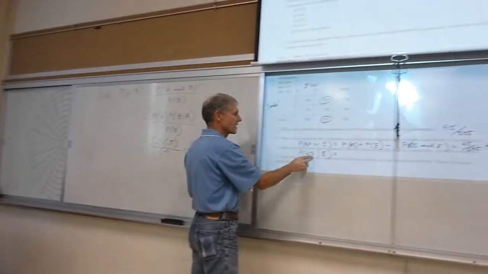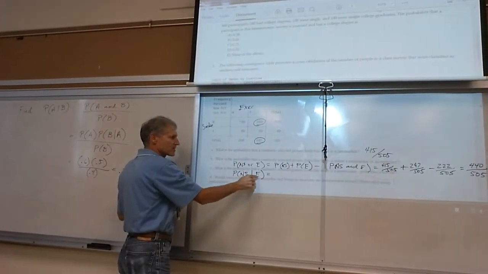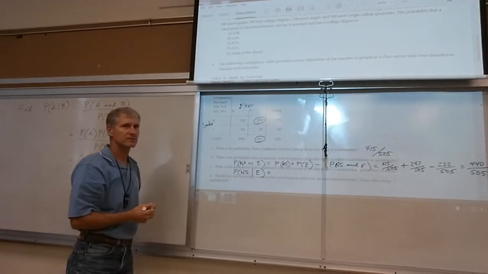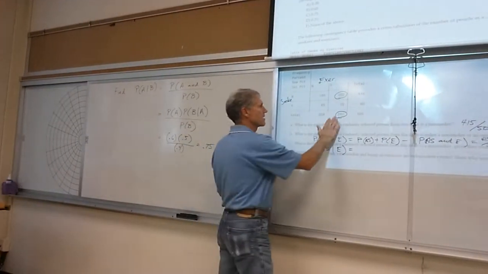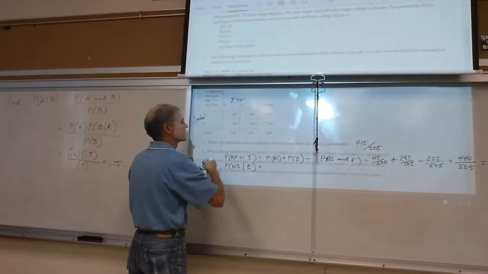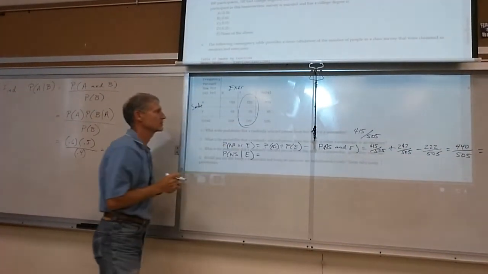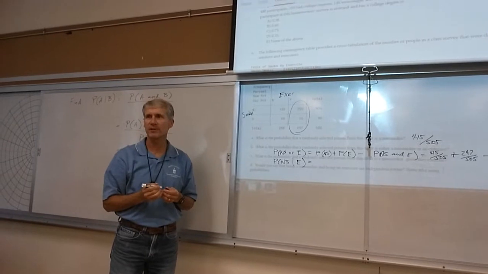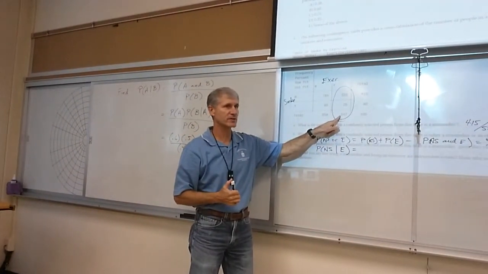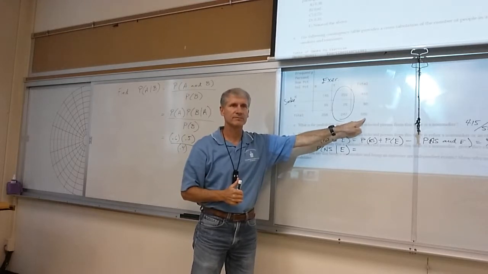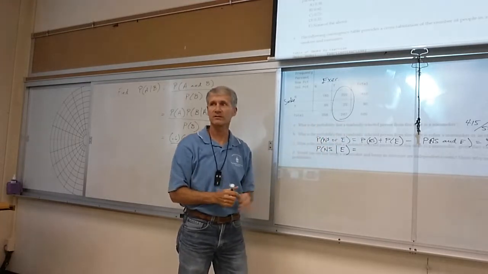So how many, what does the condition on E tell us to do? We look at only this yes column for exercise. So now my whole problem is reduced to just those 247 people. So that tells you the denominator is now 247, not 505, because they have to meet the condition.